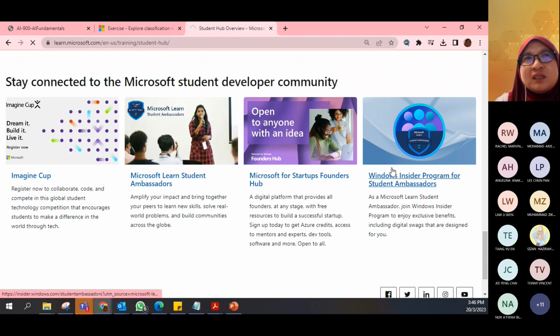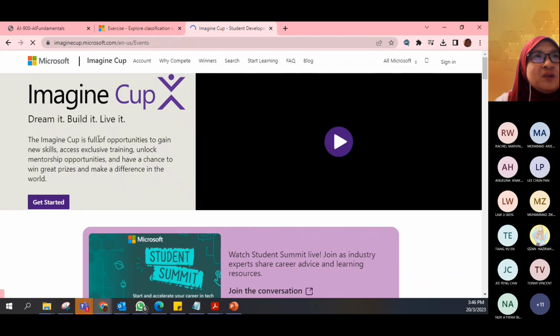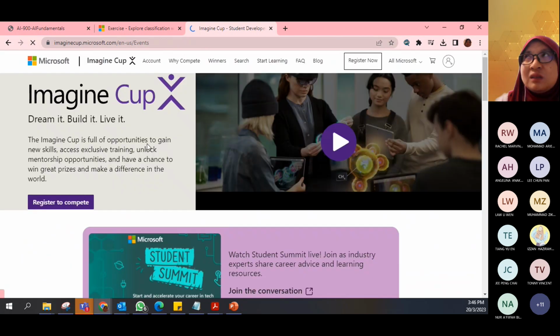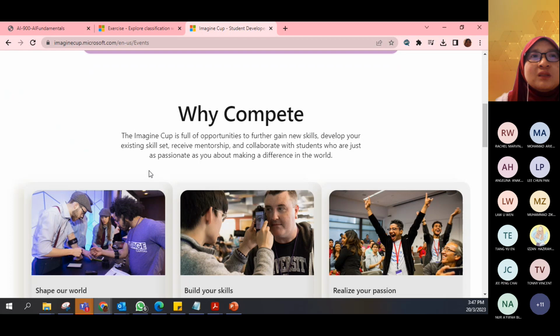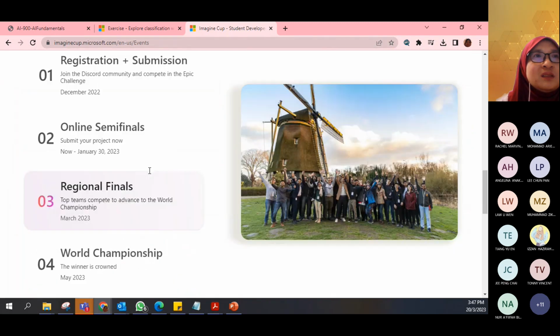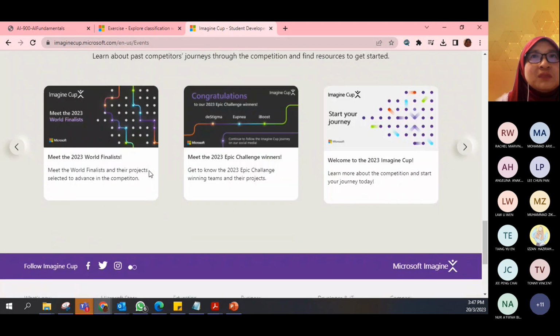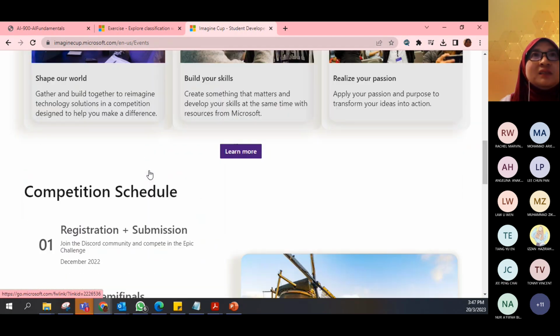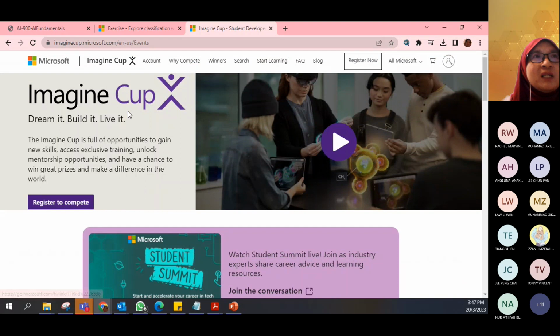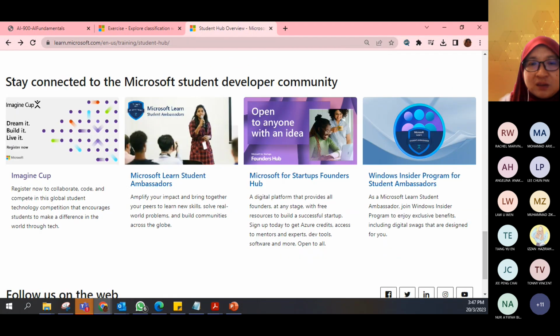Imagine Cup was involved in 2008, which was .NET at that time. I still have it. Not actively involved now, maybe. It's still available, with good prizes and lots of goodies.